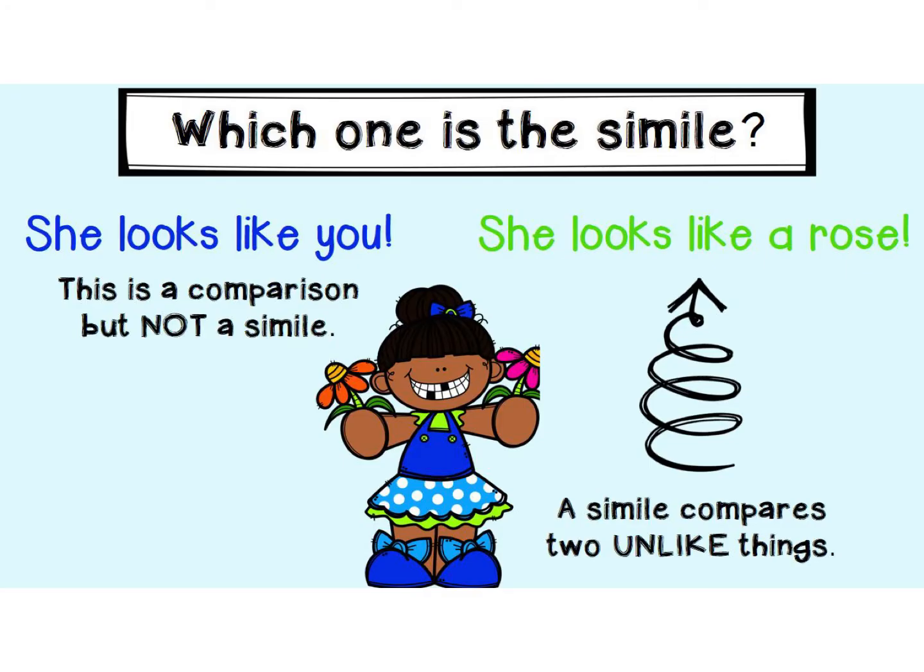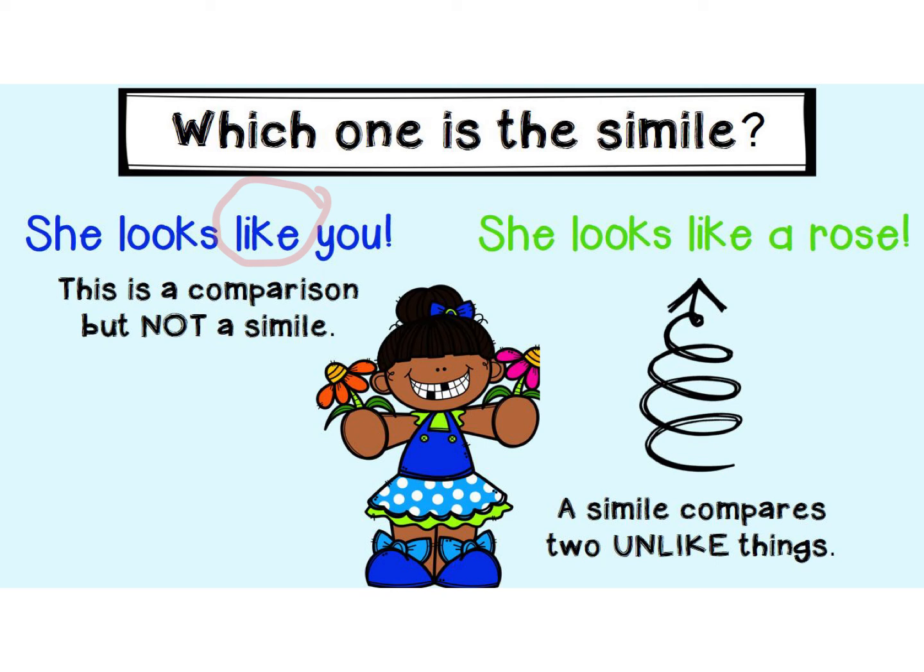Okay, we have two sentences here. We're going to decide which one is the simile. So the first one says, she looks like you, and the other one says, she looks like a rose. Okay, the first one, she looks like you, does have like in it, so I'm going to circle that. The only thing is, it's not comparing anything.